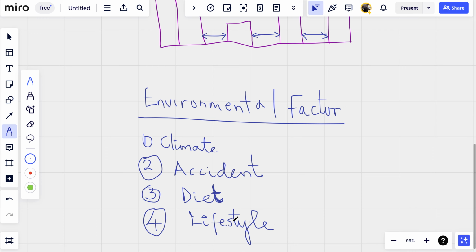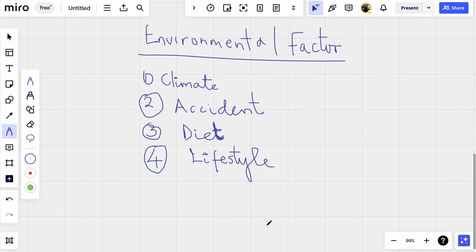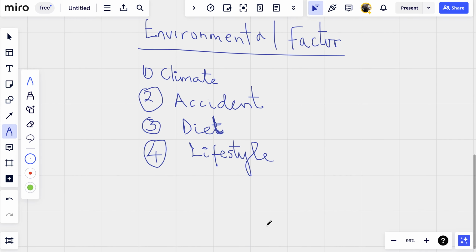You don't do a lot of exercises to keep fit and burn the food, to reduce the calories in your body, then you might become obese. You might be faced with other health challenges like diabetes, cholesterol and so on. So lifestyle is a big environmental factor that contributes to our continuous variation.